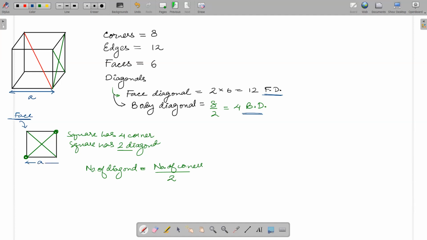This length is A. Let me just erase this. Now tell me, what will be the length of the face diagonal? This is FD.